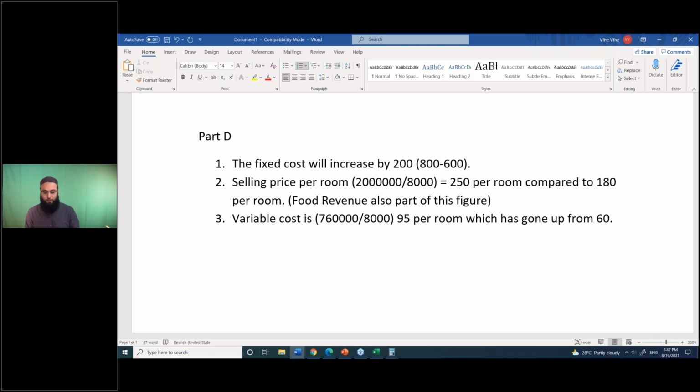Okay. And obviously this includes the cost of food in a restaurant as well. So this has gone up. Perfect. This is the quantification. By looking at the graph, this is what you have to do.